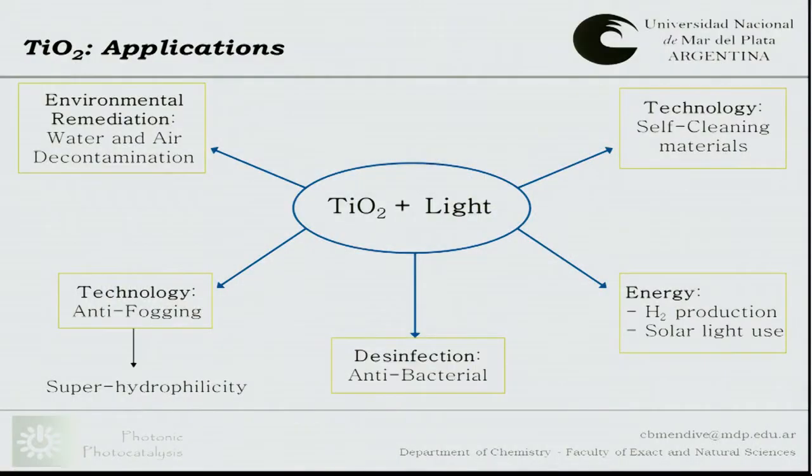Titanium dioxide is the material that we work with because it's an excellent photocatalyst, and it finds many applications, for example, in environmental remediation to clean or decontaminate water or air, in technology with self-cleaning materials or anti-fogging surfaces, using the superhydrophilicity property that it has, as well as disinfection, and also in energy, because using titanium dioxide and solar light or UV light, one can produce hydrogen by water splitting.